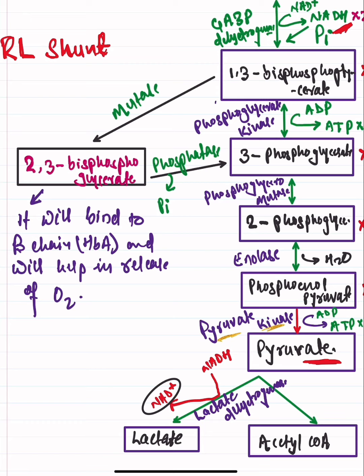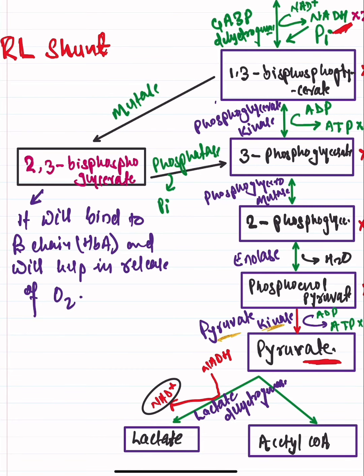So if you notice, in the RL shunt, net ATP production is 0. Why? Because we usually get 2 ATP in glycolysis in RBC, right?